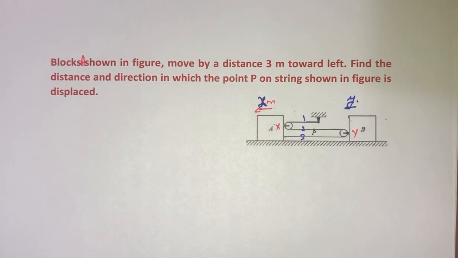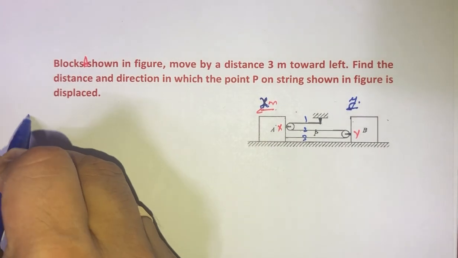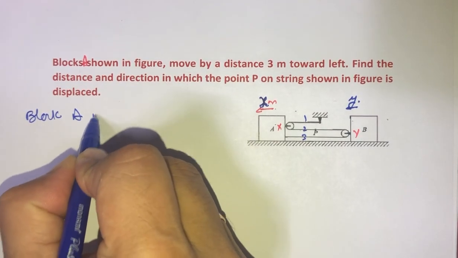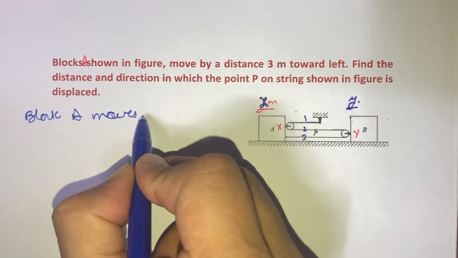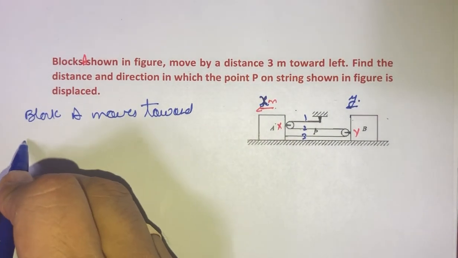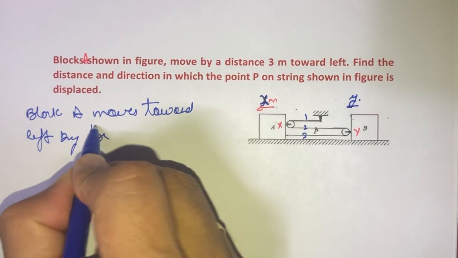So it is given that block A moves toward left by x.